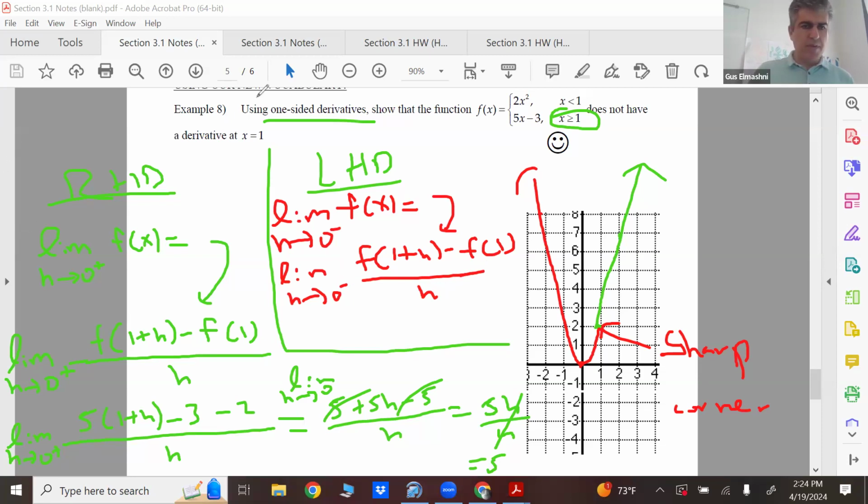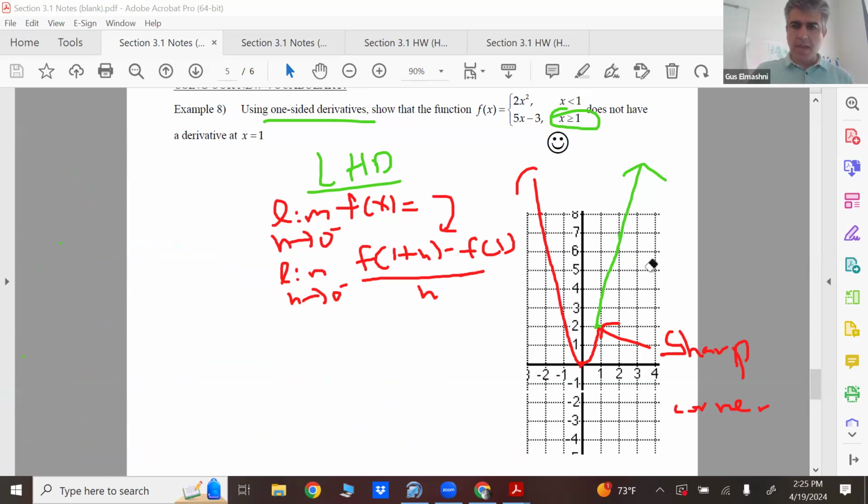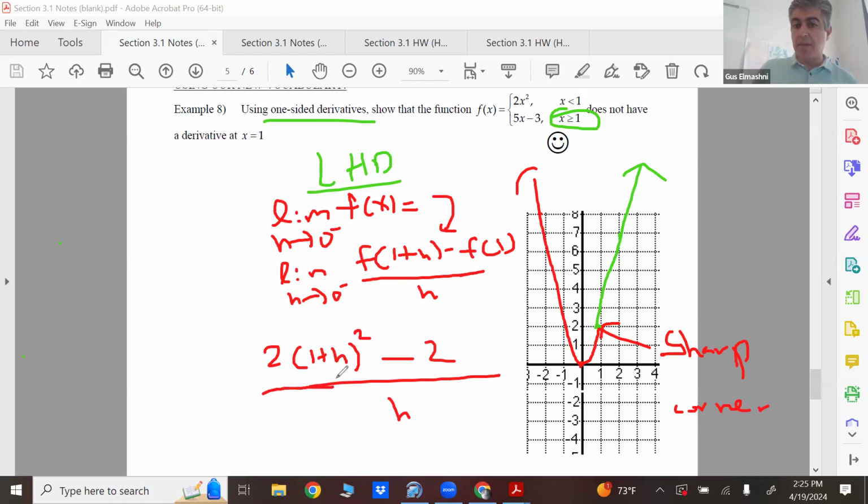And I'm out of space here, so I'll have to erase the other stuff. Okay. So f of 1 I know is 2 again. But now 1 plus h is less than 1, right? So I got to plug into that one.